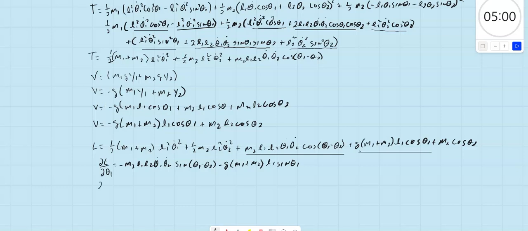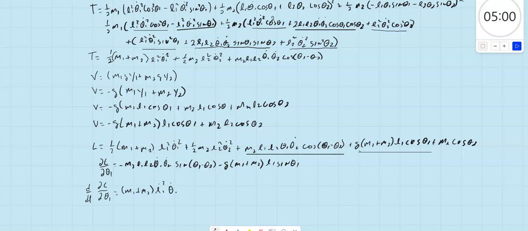And now what I want to do is find the partial of L with the partial of theta 1 dot and take the derivative with respect to that. And this is going to be equal to, I have a theta 1 dot here, the 2's will cancel, I have M1 plus M2 L1 squared theta 1 dot.